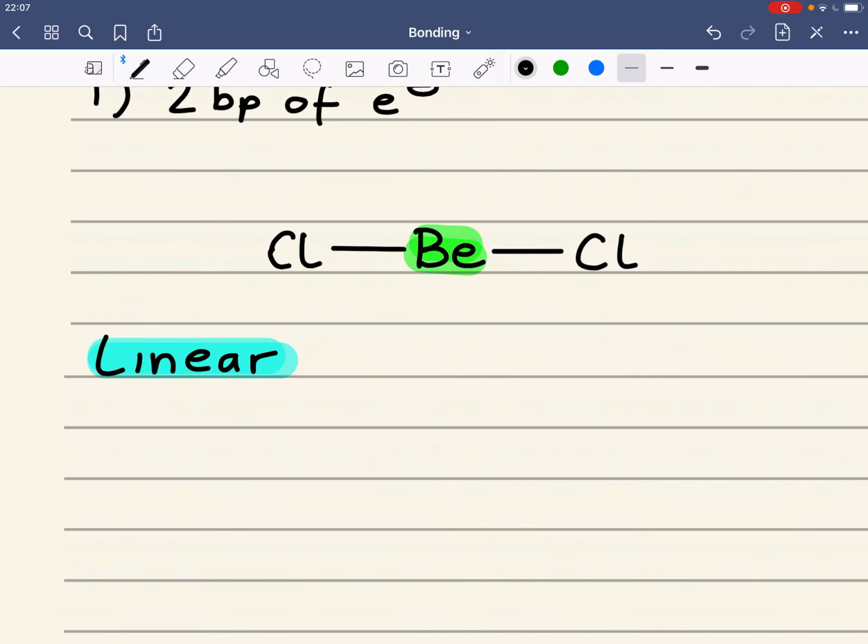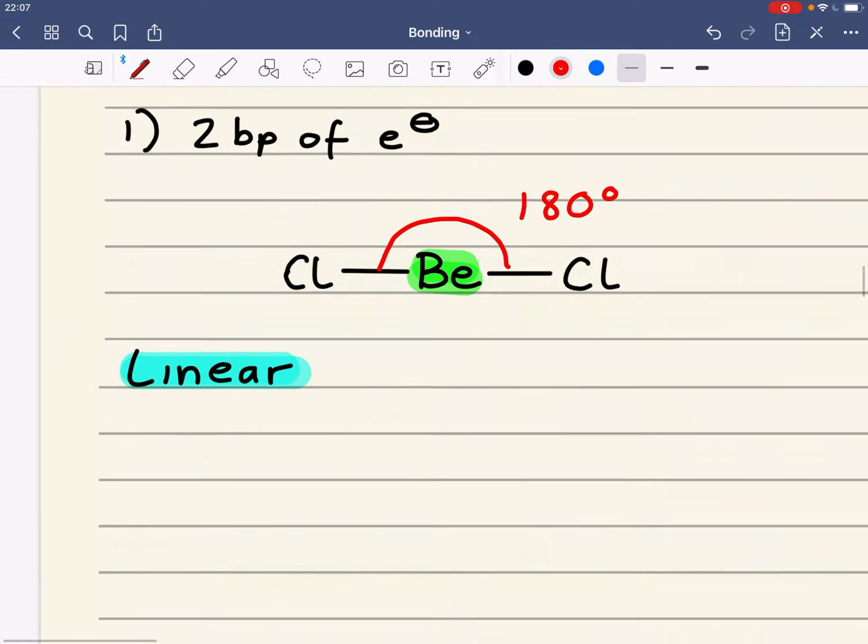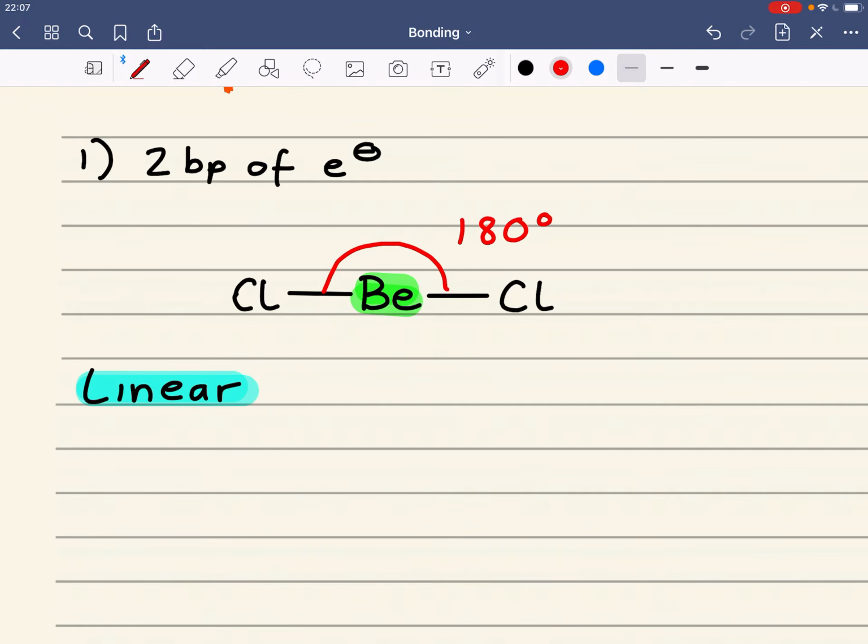The bond angle between the bonding pairs, so it's this bond angle here, is obviously 180 degrees. So if I've got 2 bonding pairs of electrons around a central atom, I get a linear shape with a bond angle of 180 degrees.